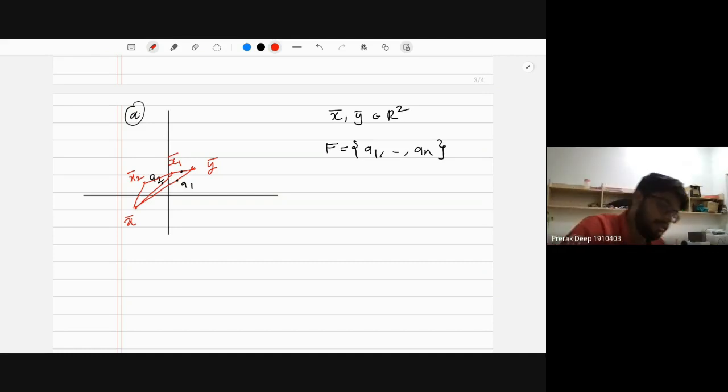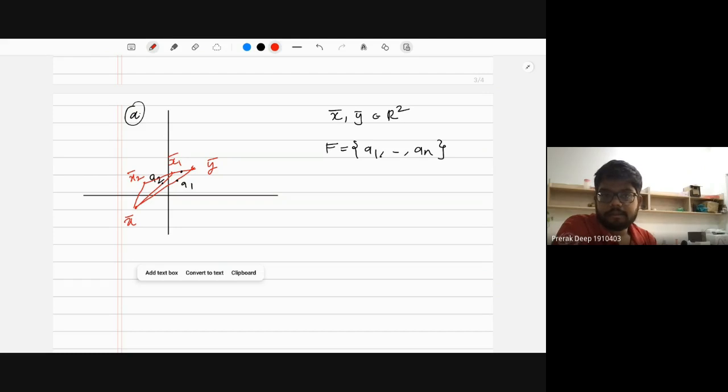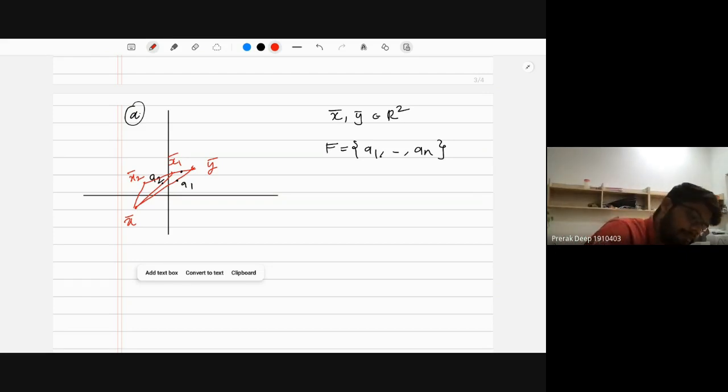All right, so it will be connected because it is path connected, right? So can you think of any separation for R2 minus F?